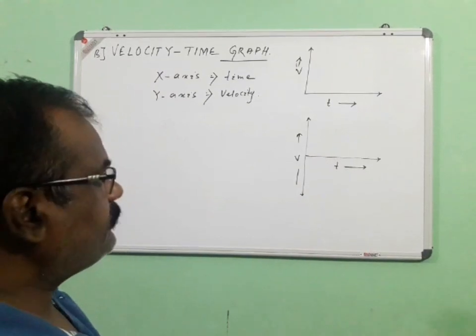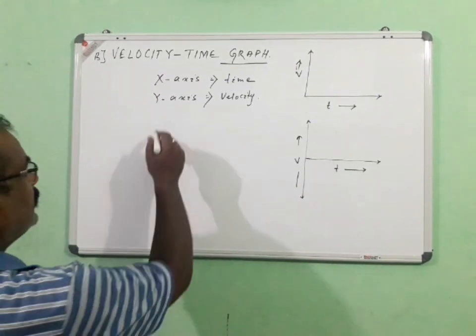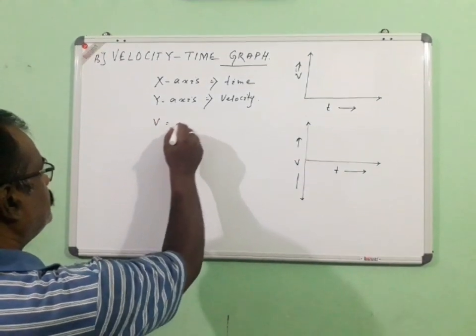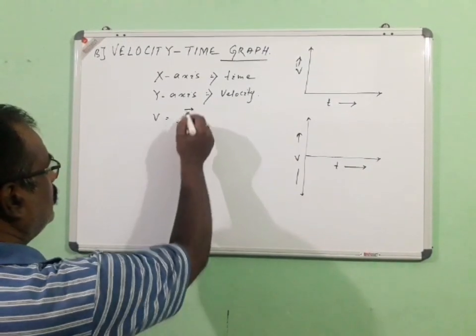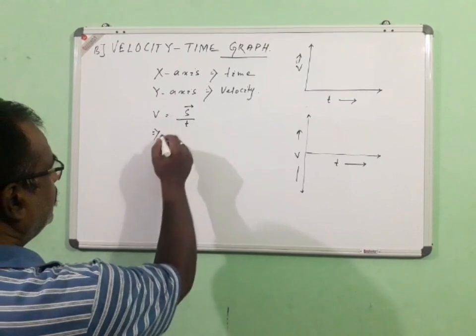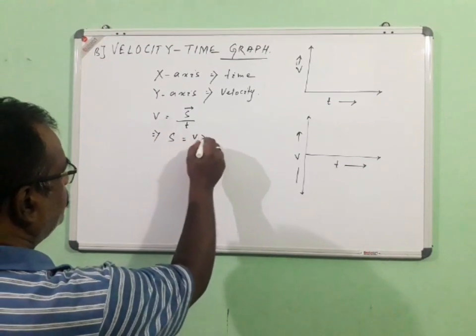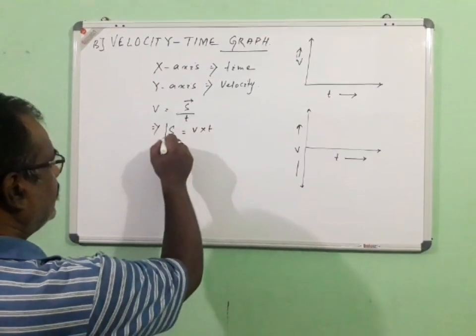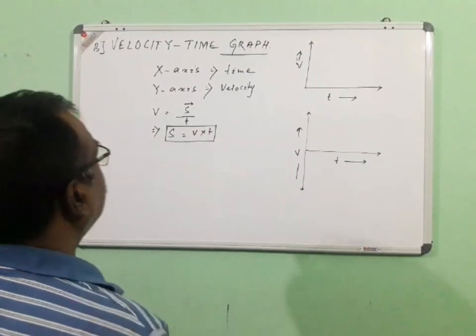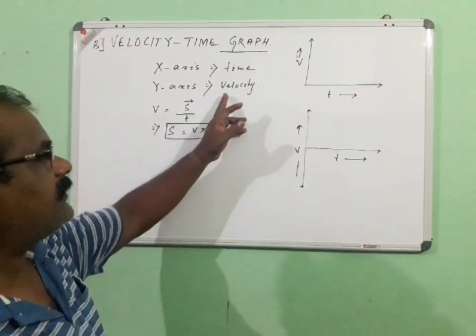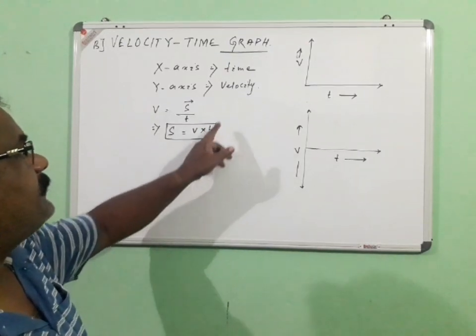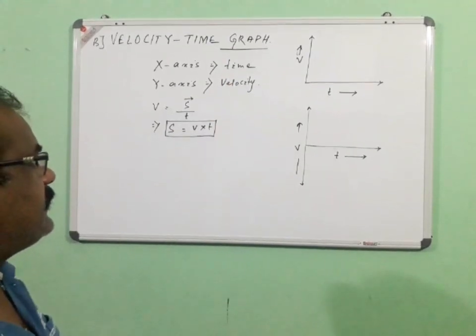Now, from the formula that we have seen, velocity v is equal to displacement by time. So therefore, we can say that displacement is equal to v into t. Conversely, from the graph, v represents the y-axis and t represents the time axis, the x-axis.